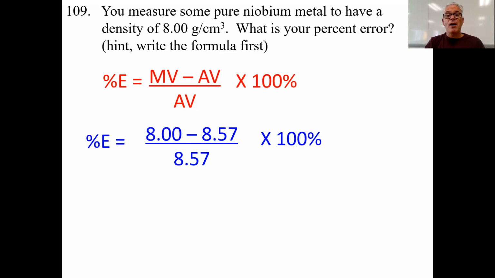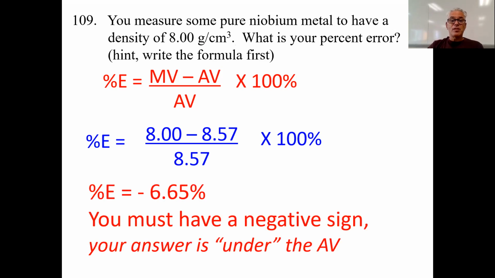The answer is going to come out as a percent. And check this out. The measured value is less than the actual, it's going to be negative. So the percent error here is negative 6.65%. You were under by 6.65% to be exact.